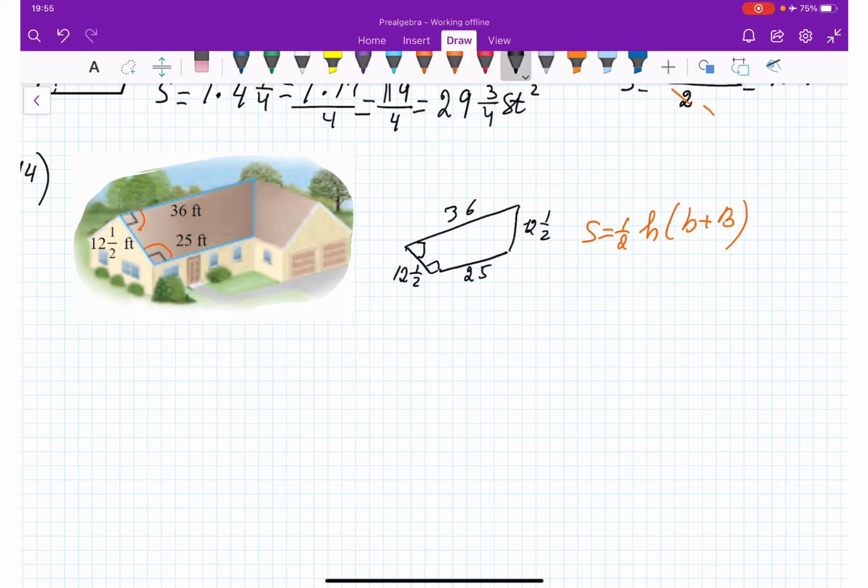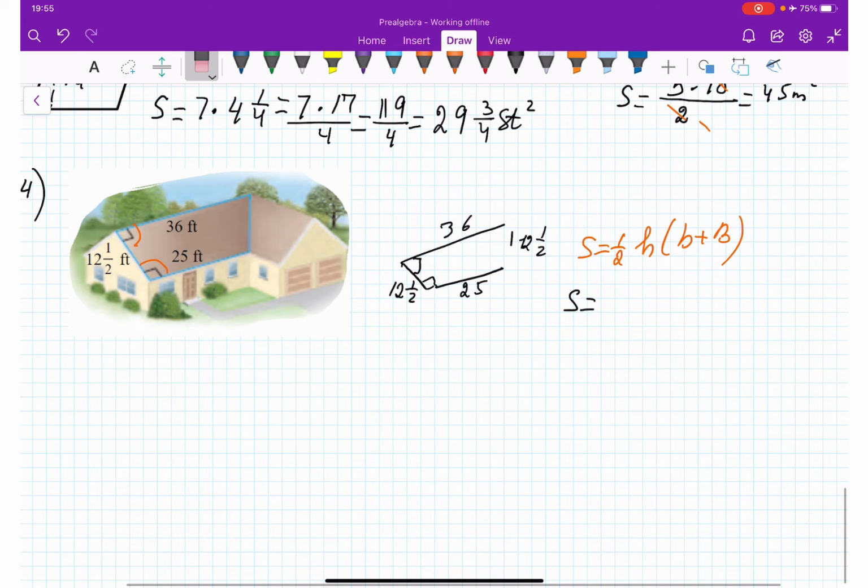Okay, so from here, S is equal, let me make this one also look identical. Okay, so this is going to be equal 1/2.